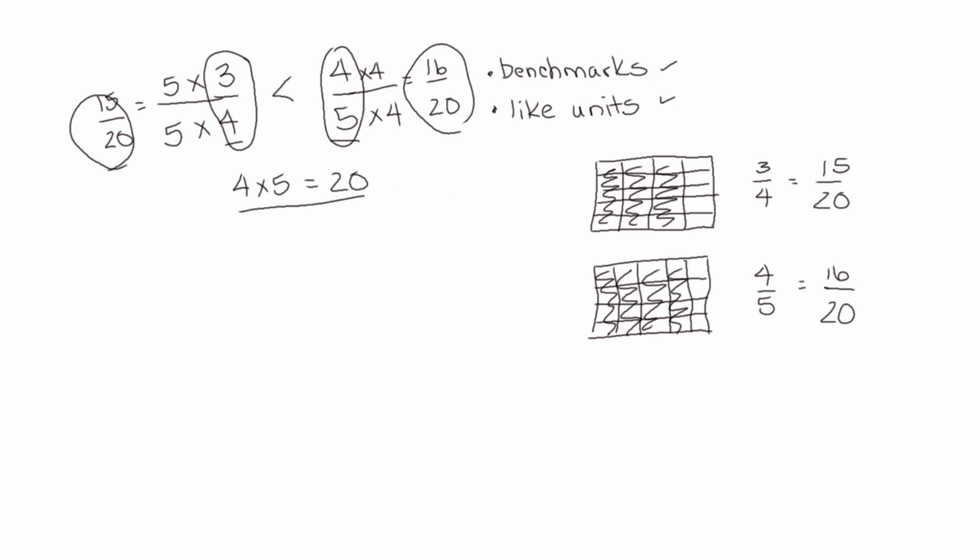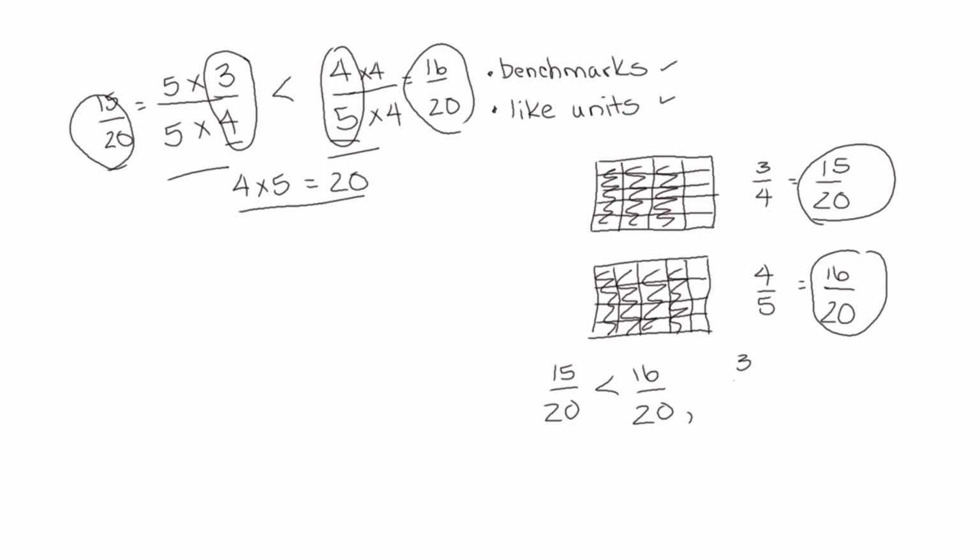So when we do our decomposing, as we've seen up here, these are the two area models that prove that, in fact, these fractions are equivalent. Therefore, when we look at 15/20ths and 16/20ths, 15/20ths is less than 16/20ths. So if 15/20ths is less than 16/20ths, then we know 3/4 is less than 4/5, since the fractions are equivalent.